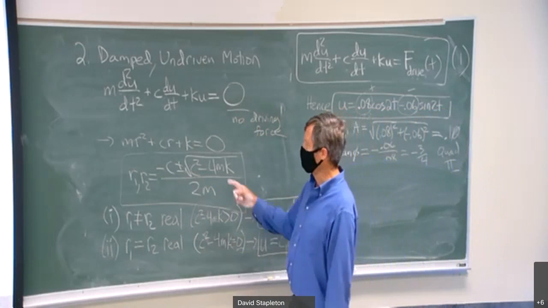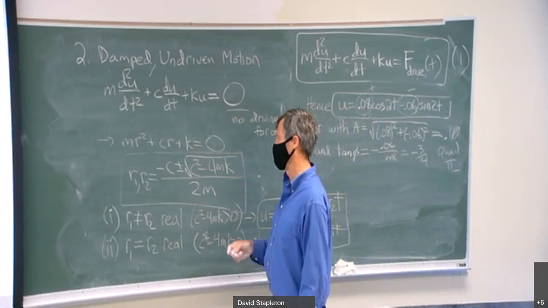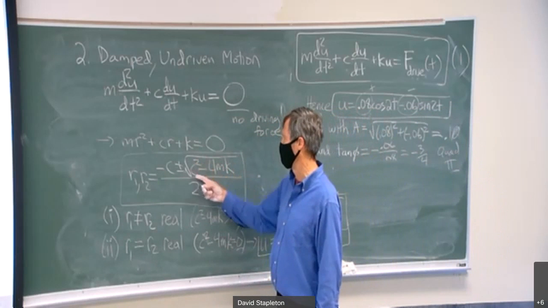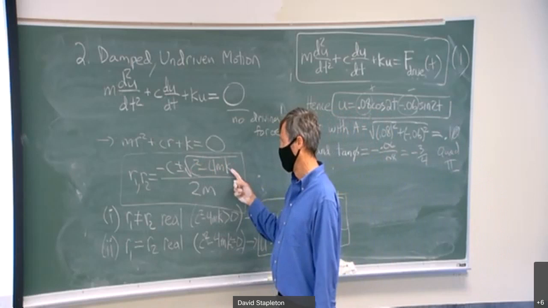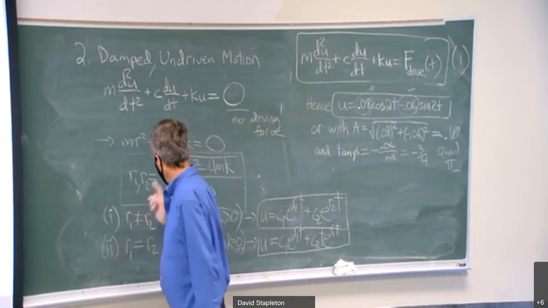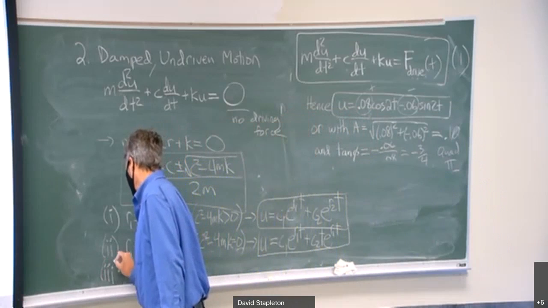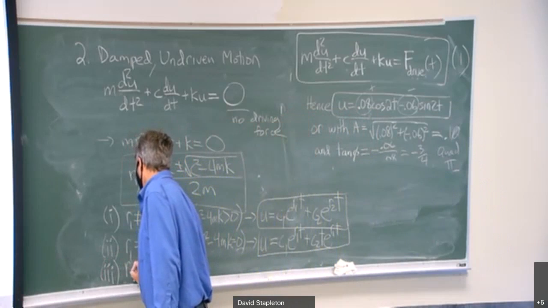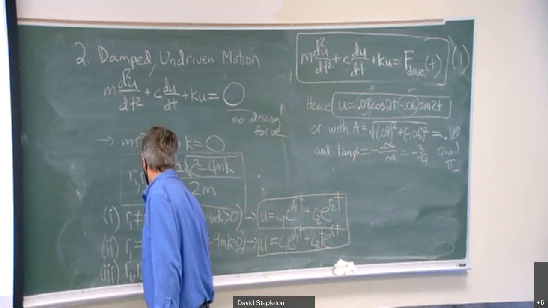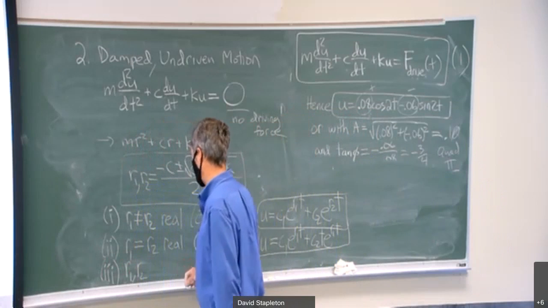Finally, the third case that can occur with the quadratic formula is you can get complex conjugates. If this thing under the square root is negative, then you'll get imaginary numbers in here, well, complex numbers. R1 and R2 will be complex conjugates since these initial numbers m, c and k are all real.